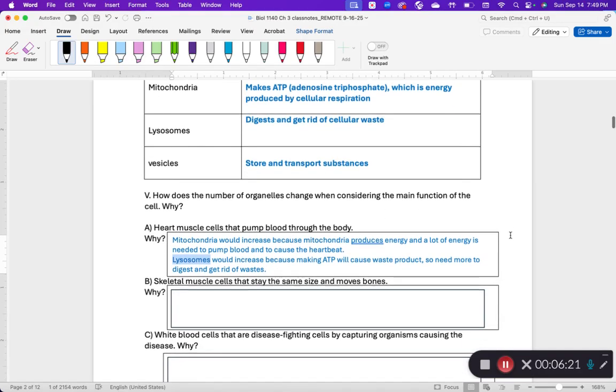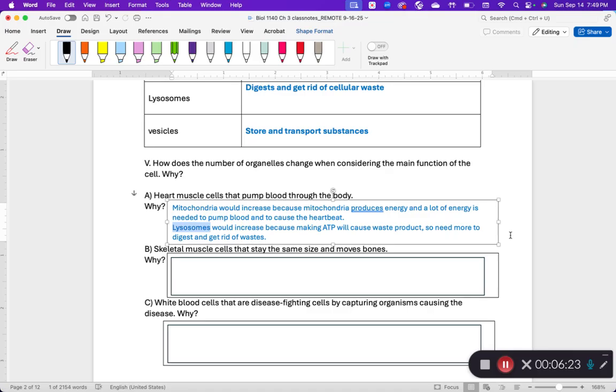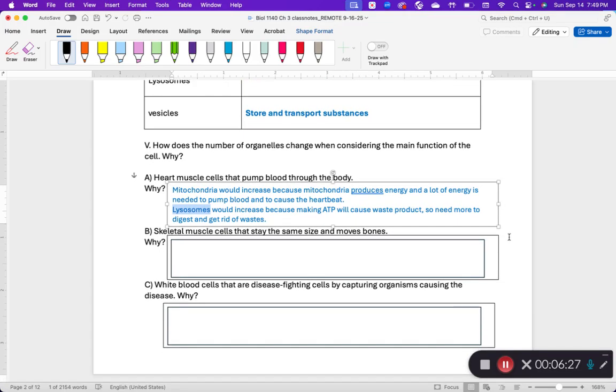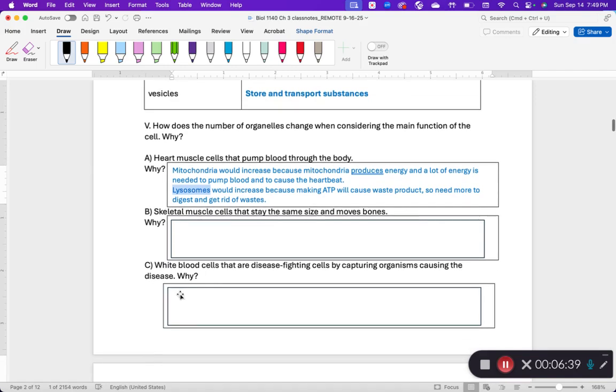I'll let you think about this. Go ahead and work on these other ones, and I'm going to see what you came up with for skeletal muscle cells that move bones, and white blood cells that are disease-fighting cells by capturing organisms causing the disease, and why. So be ready to provide what you came up with.